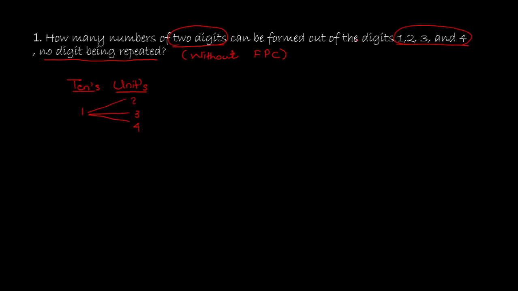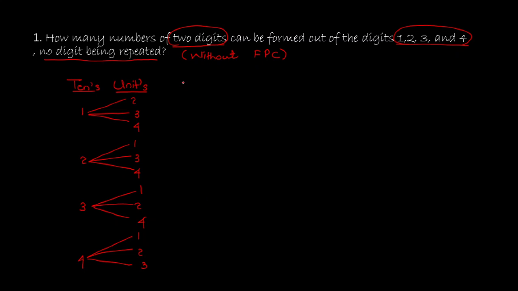If I choose 2 for the tens digit, I can choose 1, 3, and 4 for the units. If I choose 3 for the tens digit, then I can use 1, 2, and 4. If I choose 4 for the tens digit, then for the units digit, I can choose only 1, 2, and 3.